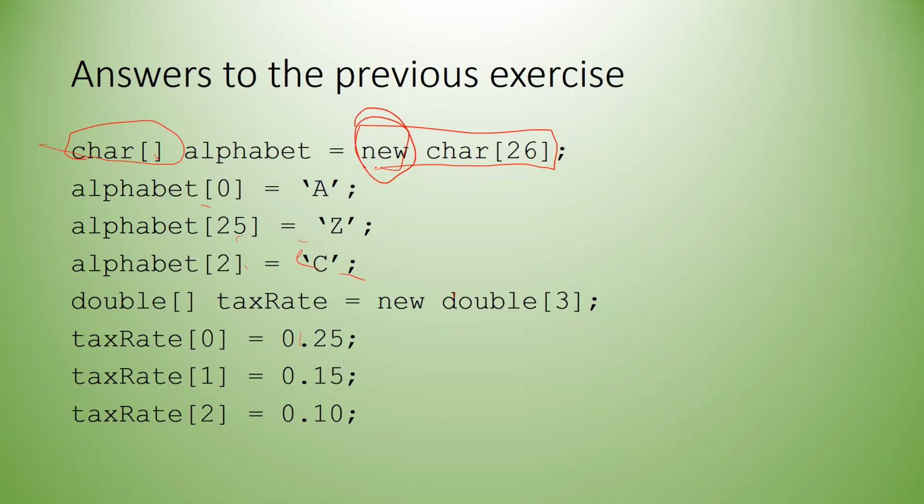Always remember new, because an array is an object. So when you create a new array, you have to use the new operator, followed by the type, followed by the size. This is how you do this, and this is the type. Yes.